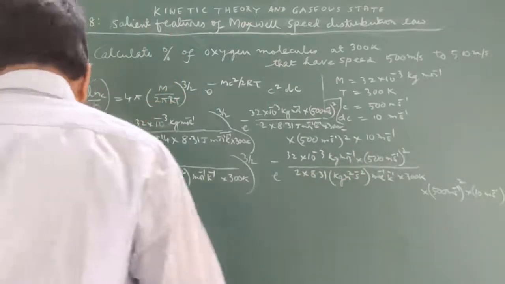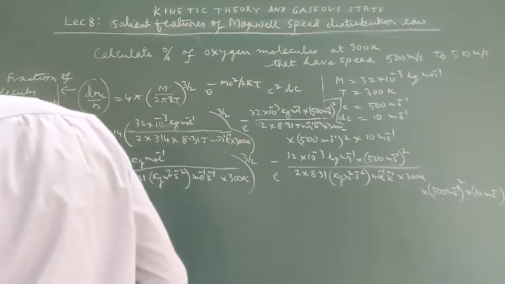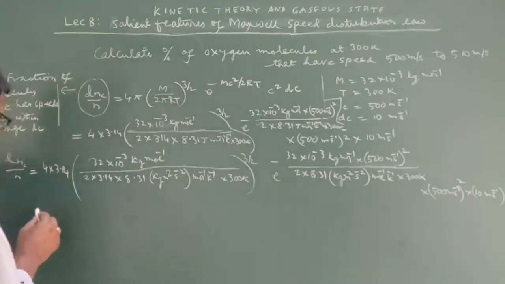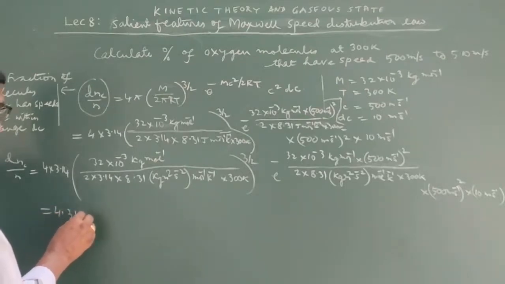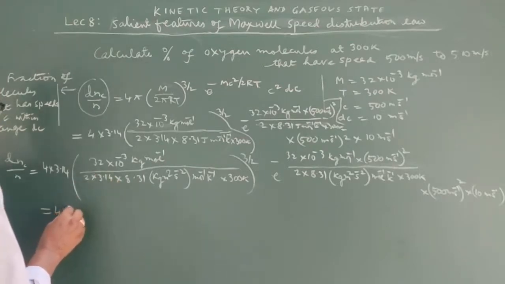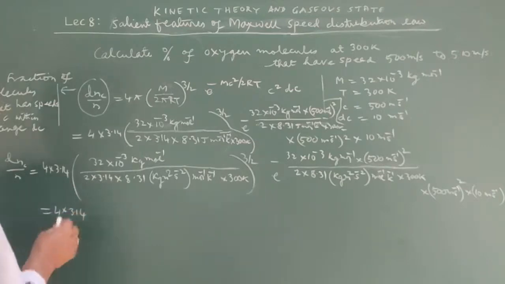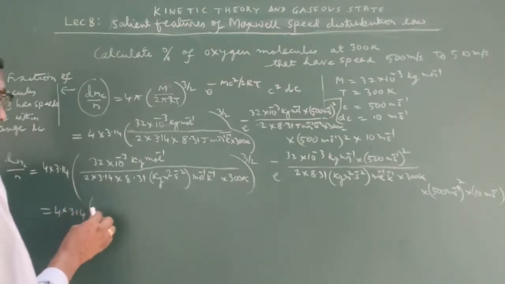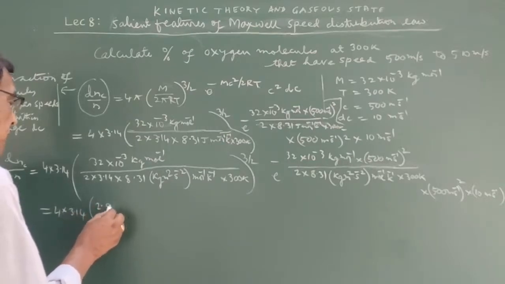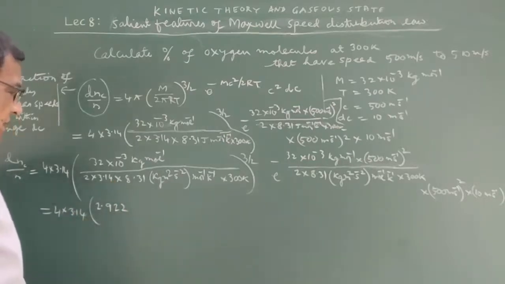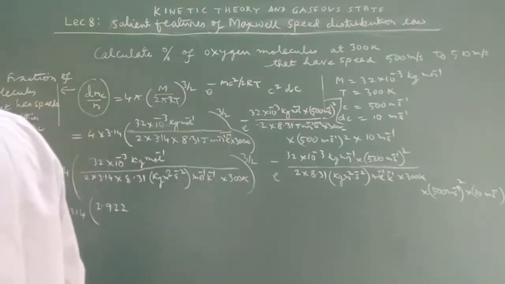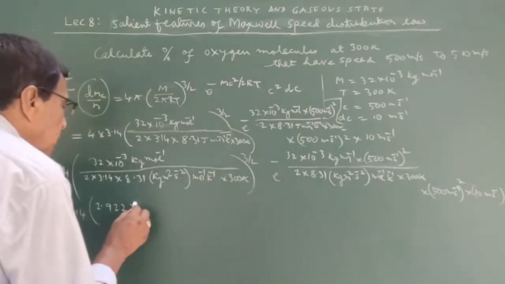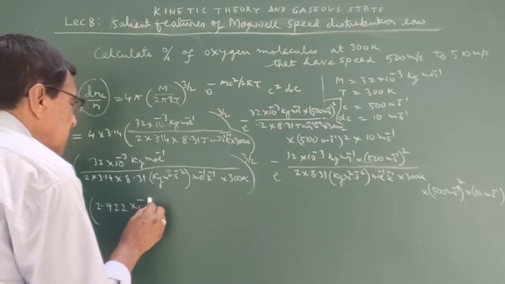If we calculate this numerical value, then 4 into 3.14 into the bracket term will give you the value 2.922 into 10 to the power minus 9.